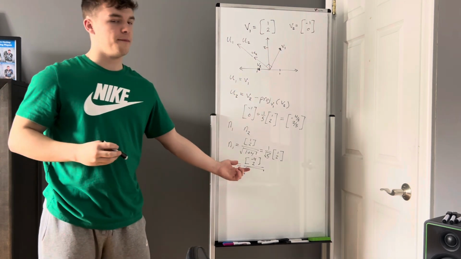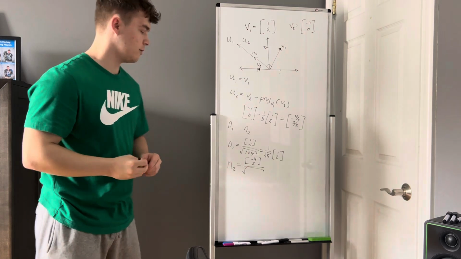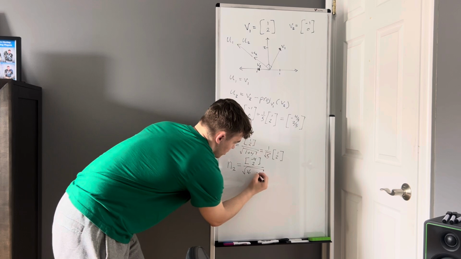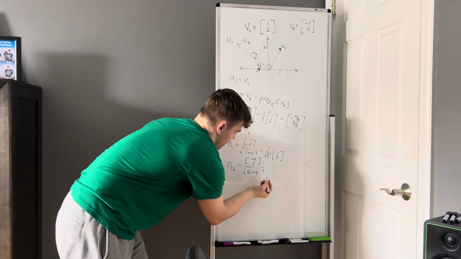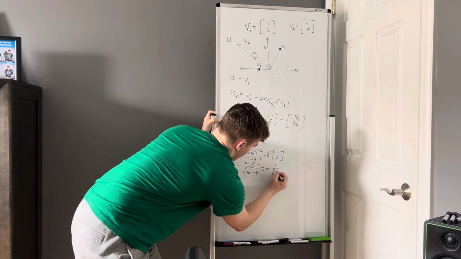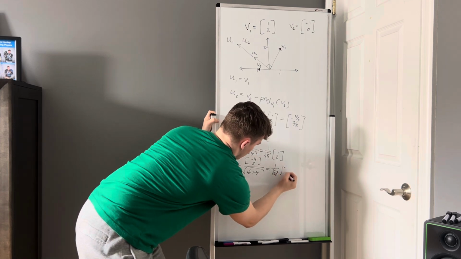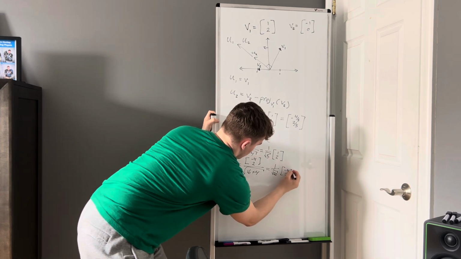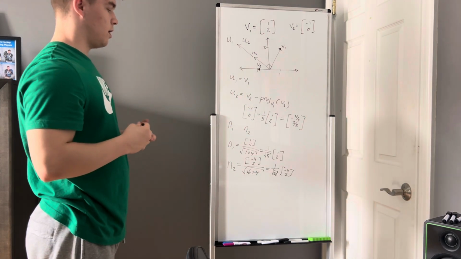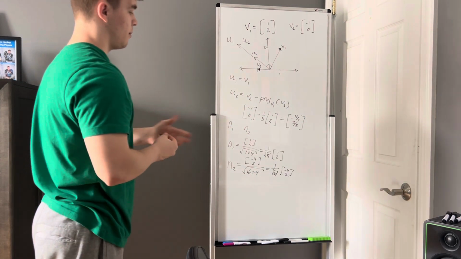Now if we divide that by the actual magnitude of that one, which is negative 4 squared, which is 16, plus 2 squared, which is 4, we're going to get 1 divided by root 20 times minus 4, 2. Now we could also bring out a 2.